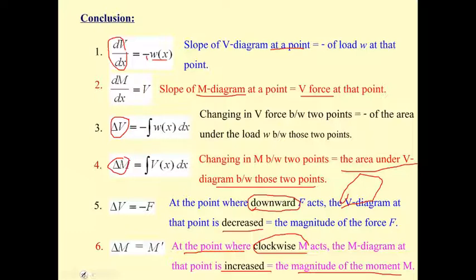The first one is 1, 3, and 5. These 3 relationships will be used for the shear diagram, and the other, 2, 4, and 6, is going to be used for the moment diagram.